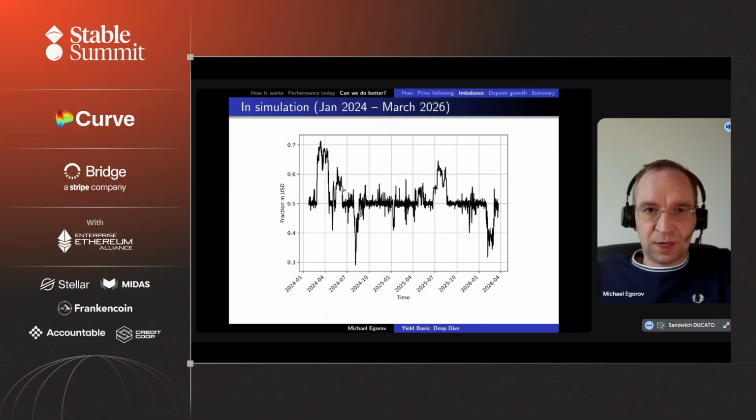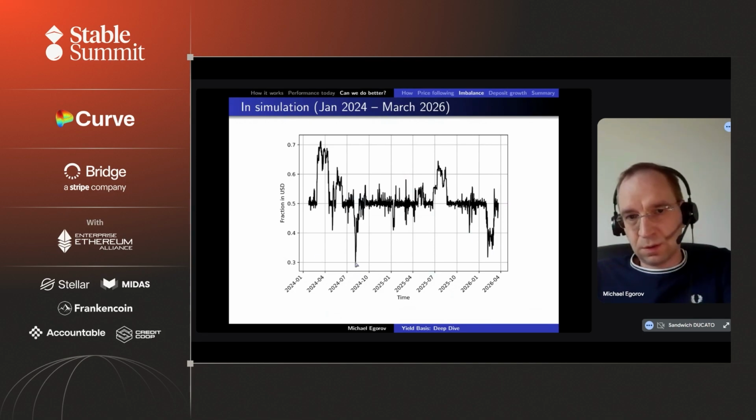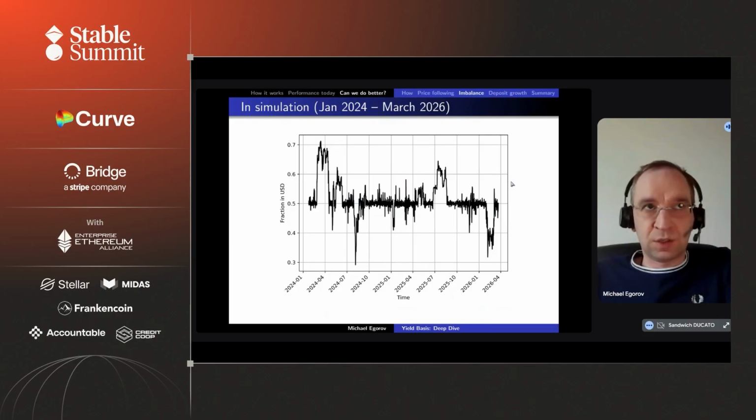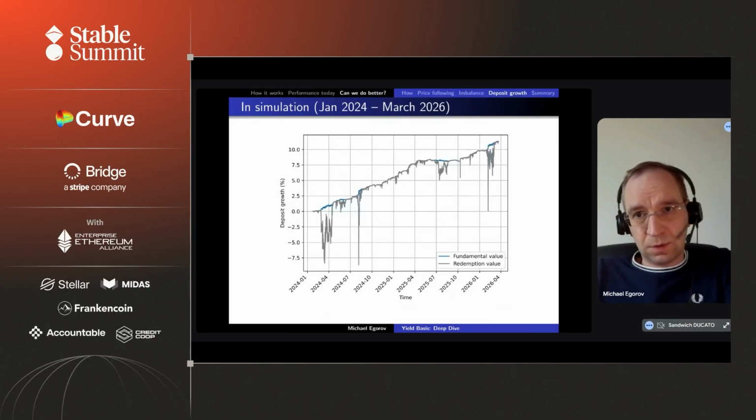This appears to have pool imbalances up to 65, 35, or maybe here it would have been 30, 70. But it's much better than 80, 20 or something, and for a shorter time. This also means less pressure on the Curve USD peg. Earnings would also look much, much better in this case.